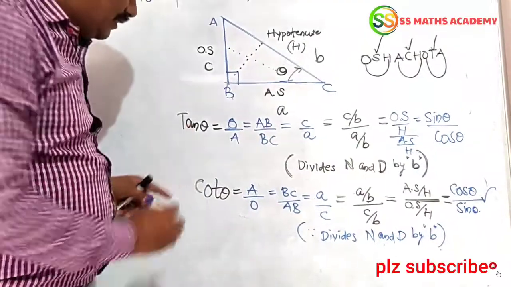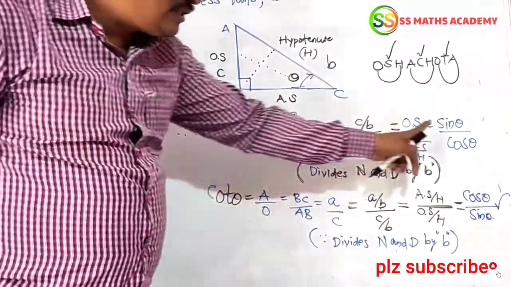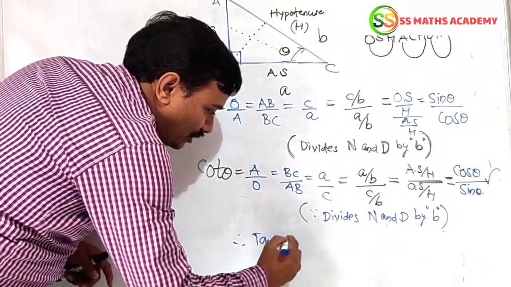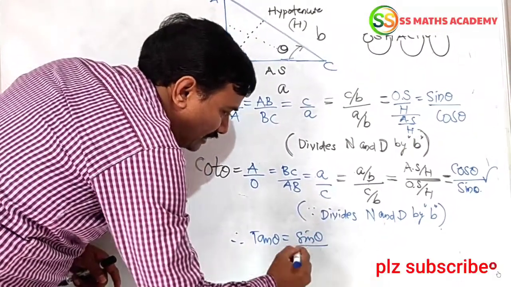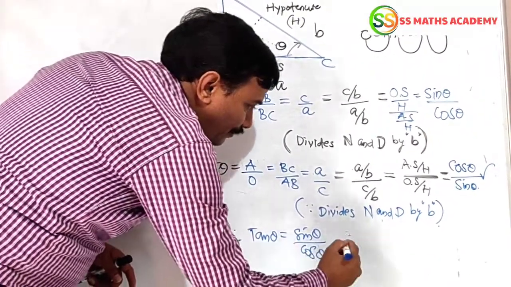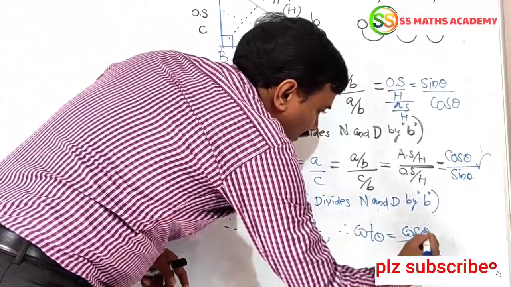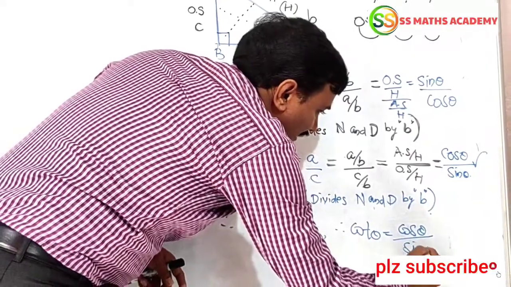Therefore tan theta is written as sin theta by cos theta. Therefore cot theta is also written as cos theta by sin theta.